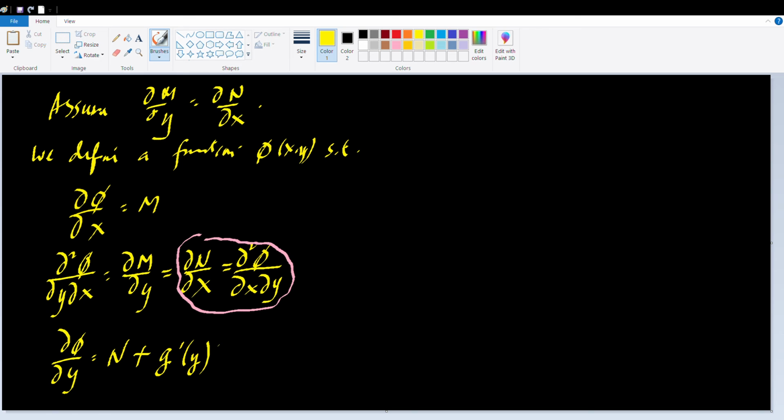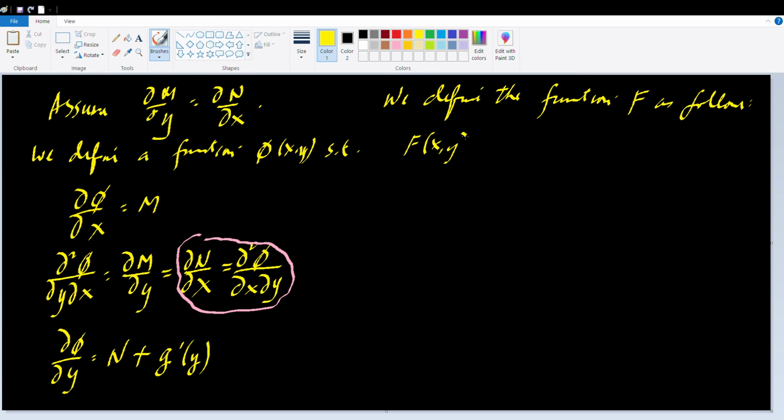Now, we define a function F as follows. F of x,y is equal to phi of x,y minus some function g of y.